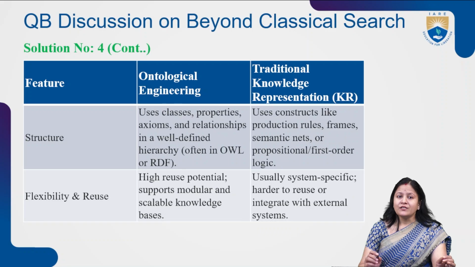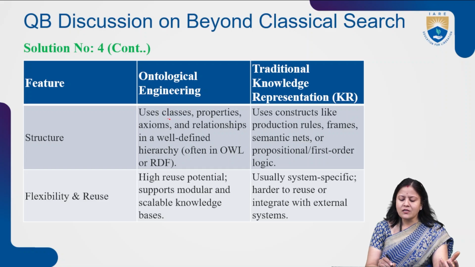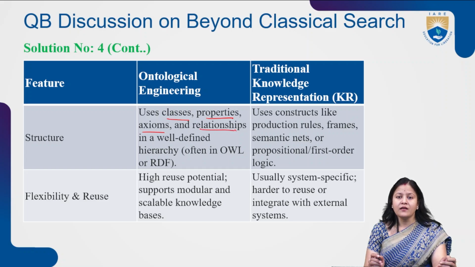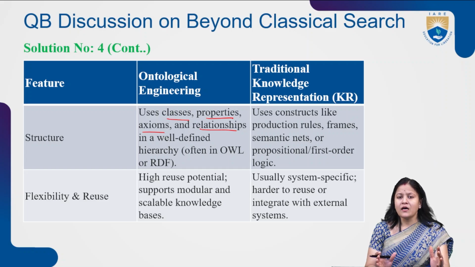Now come to the structure. What is the structure of ontological engineering? It uses classes, properties, meaning the relations, and axioms, meaning the rules and relationships, in a well-defined hierarchical format. To represent the class, subclass, their relations, properties, and axioms, everything can be represented using different types of languages, like OWL and RDF.